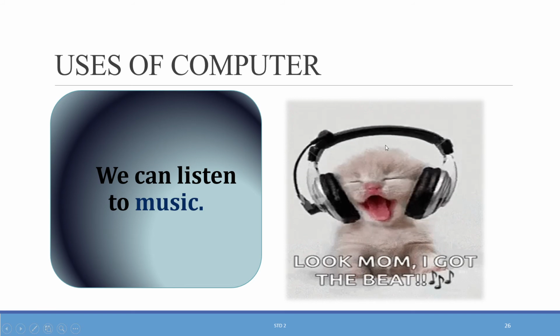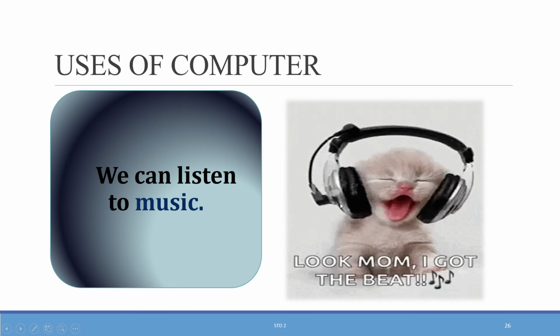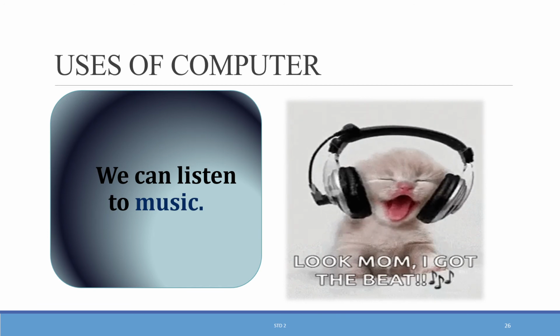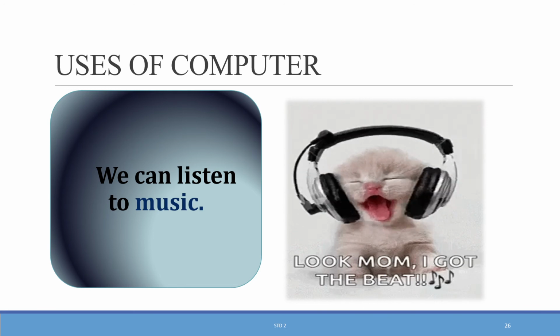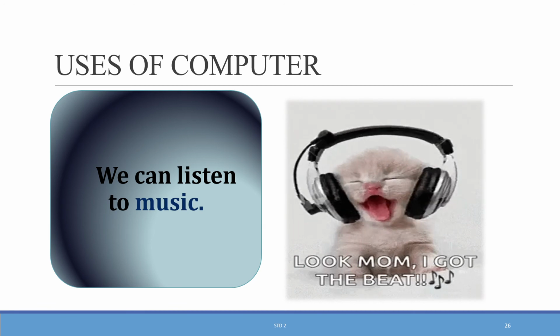So this headphone is plugged into a computer, and we can also listen to music by using the computer. We use our phone, right? So this phone is also used to listen to music. So the computer is also used to listen to music. We can listen to music with the help of the computer.